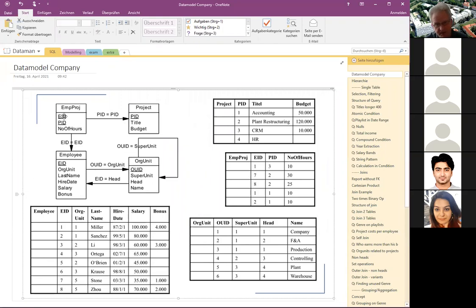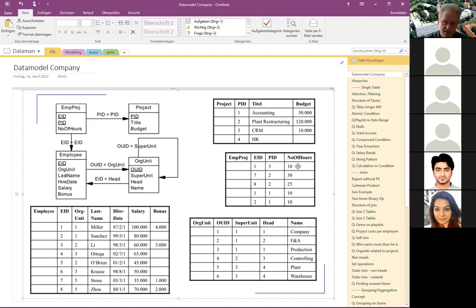Additionally, each of those primary keys here by itself is a foreign key to the corresponding table. You see EID, yeah, it's a foreign key to the employee table, and PID here is a foreign key to the project table. And in this case, we not only want to have that information who is connected to which project, but also the information how many hours is somebody working within the project.